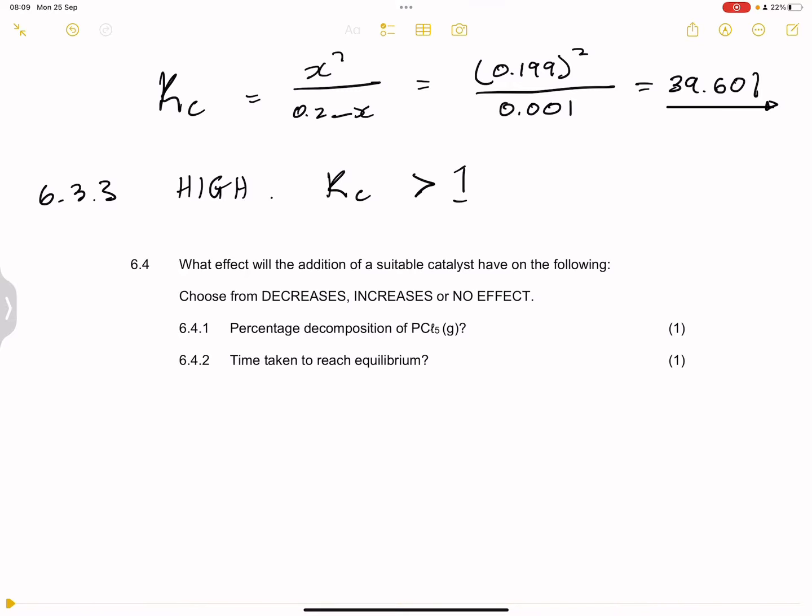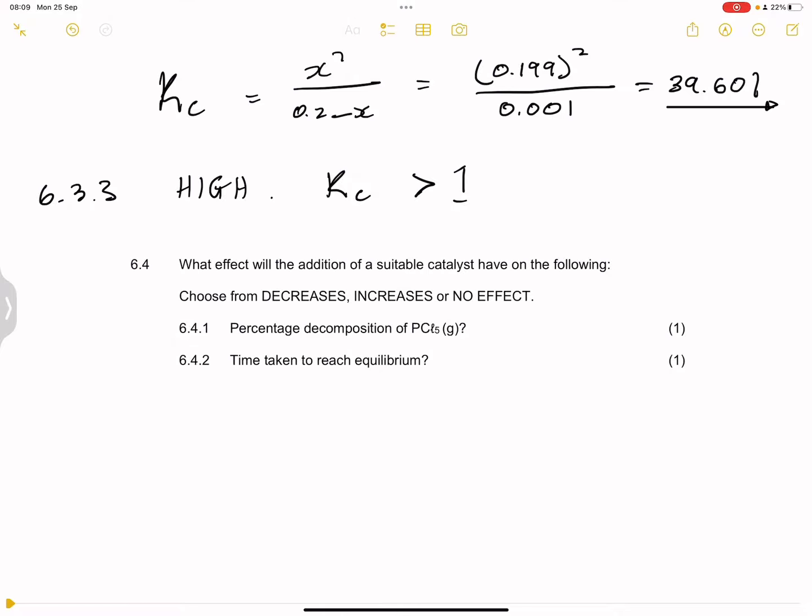Okay, they say in 6.4, what effect will the addition of a suitable catalyst have on the following? They say choose from a decrease, increase, or no effect. Right, the percentage decomposition of PCl5.